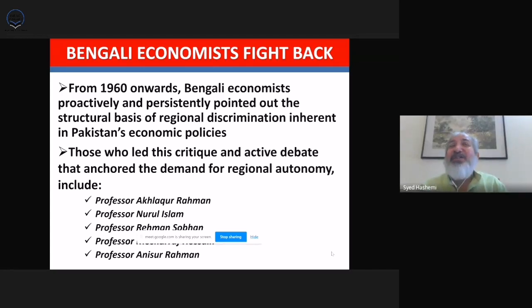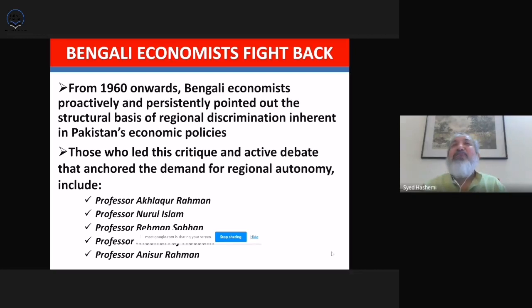And here you have young economists in East Pakistan in their 20s, early, mid-20s, and maybe 1 or 2 in their early 30s, by the end of the 60s. But they were all young. And they said, no, your policies are discriminatory. Your policies are promoting increasing disparity.